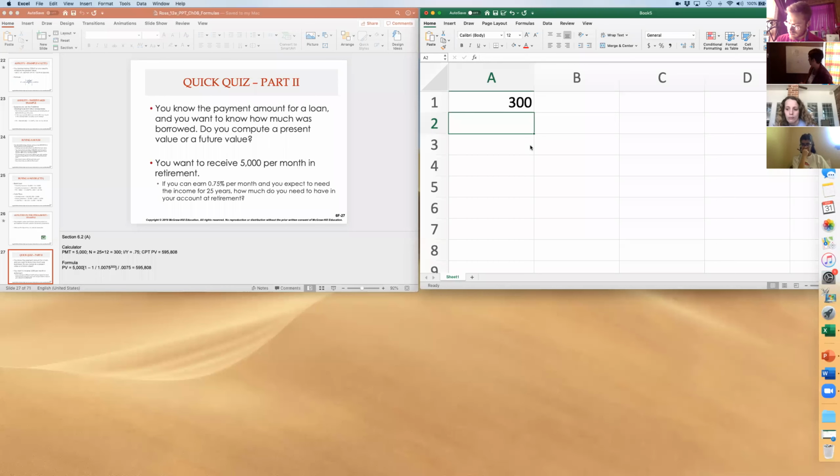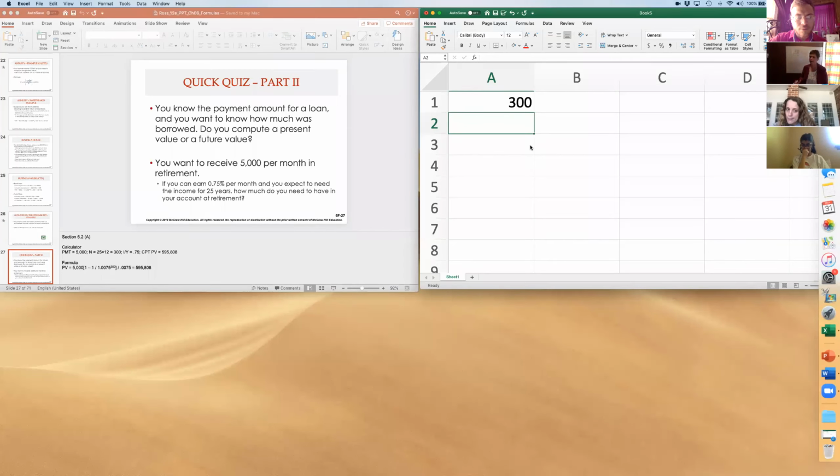And so 0.75%, and that's per month, is 75 basis points per month, okay? All right, so everything is already set up here in monthly terms. We got the interest rate in months. We have the time period in months. We have a monthly payment here, $5,000.